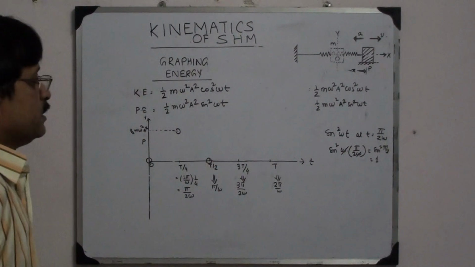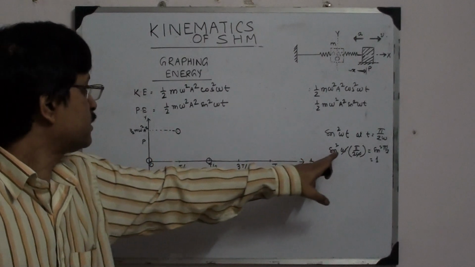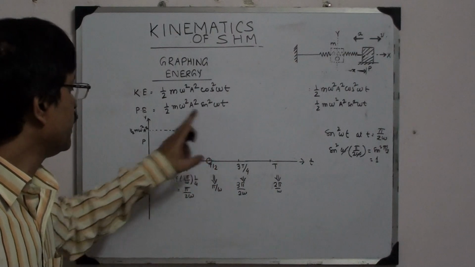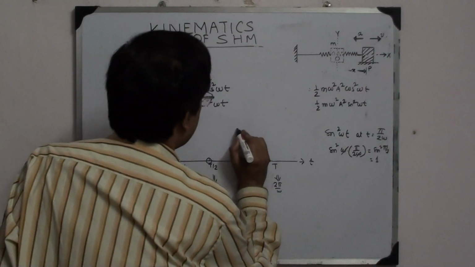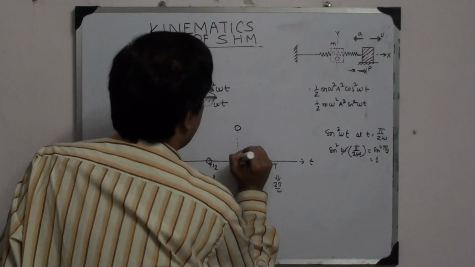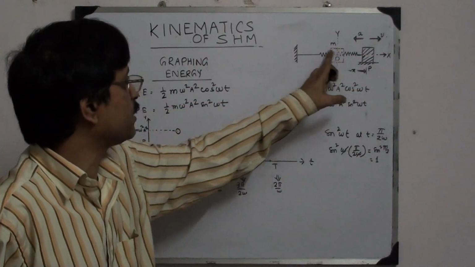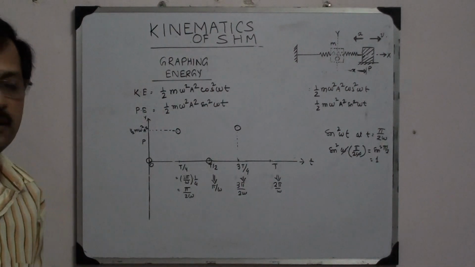Similarly at 3T by 4, you put t is equal to 3 pi by 2 omega, you will get again a maximum. So here it is again the maximum, at this point. And when it completes the full cycle, that is, it goes here, comes here, then goes here, then comes here, again the potential energy is 0 because there is no extension.